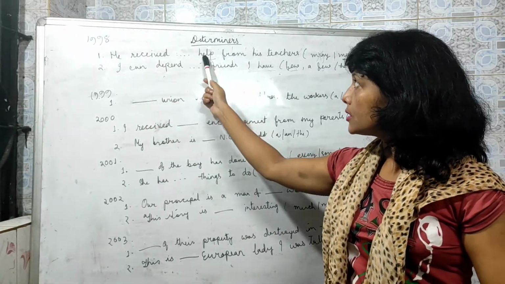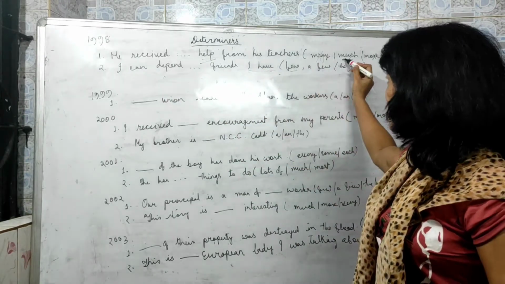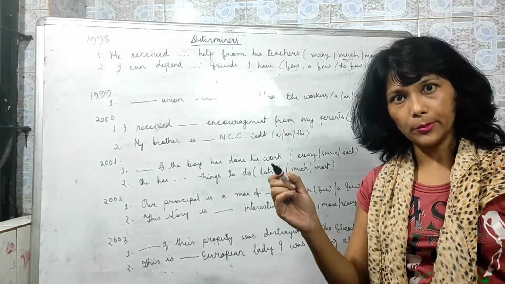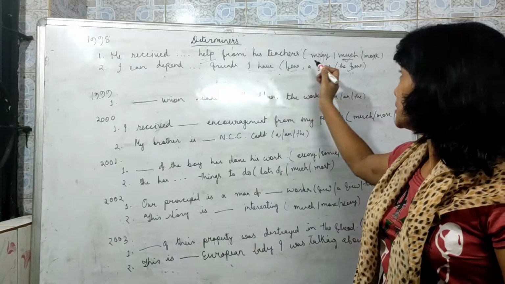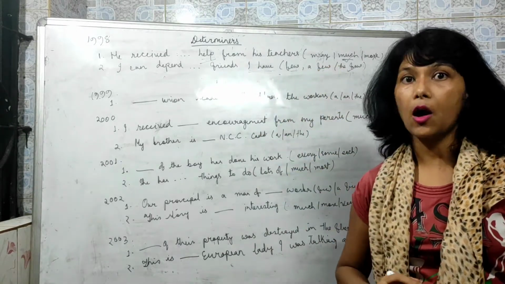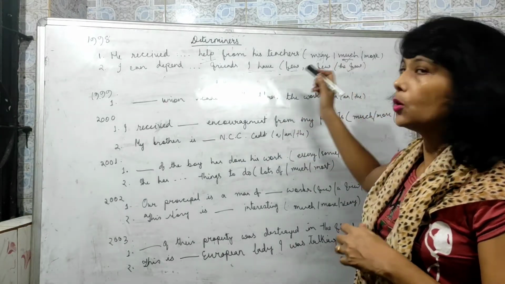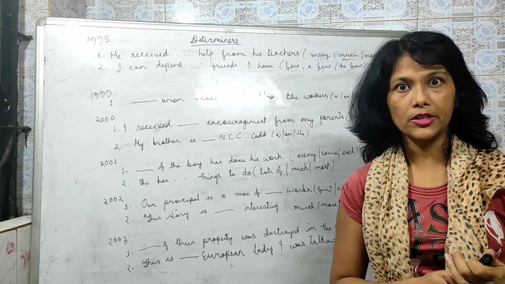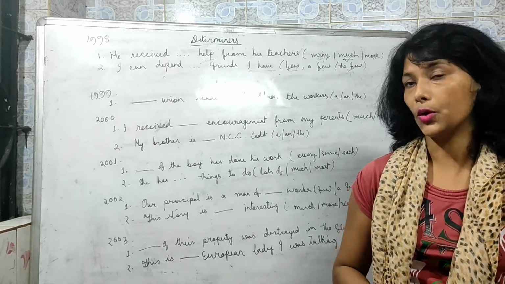As this noun is uncountable, you have to use much, because much is used with uncountable nouns, and many is used with countable nouns. And more is used in case of comparison. You have comparative degree, superlative degree, so in case of comparison we use more.